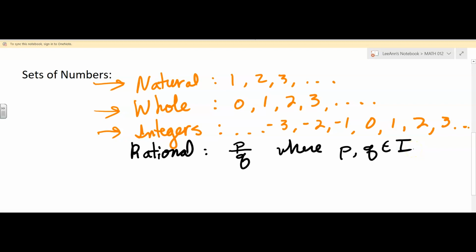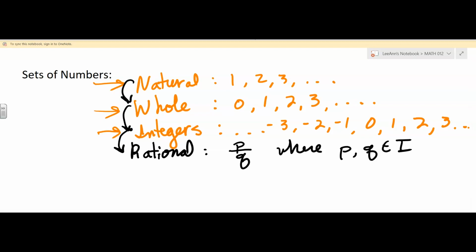So your fractions, 3/5, 10 over 2, or 10 over 7, or your decimals, your repeating decimals, your terminating decimals, those are all rational numbers. All integers are rational numbers. All whole numbers are integers. All natural numbers are whole numbers. So they're subsets of each other.